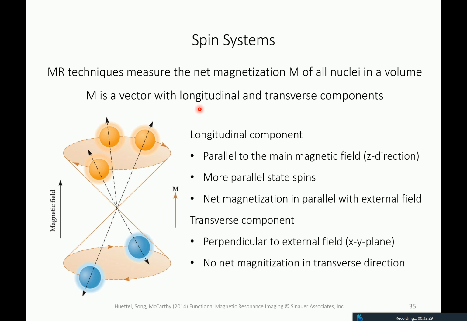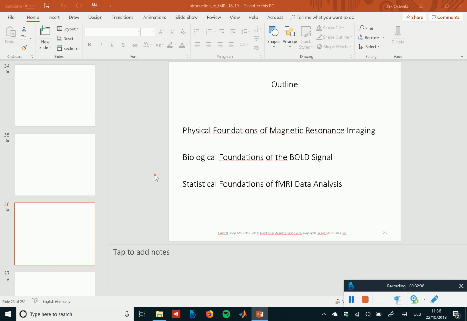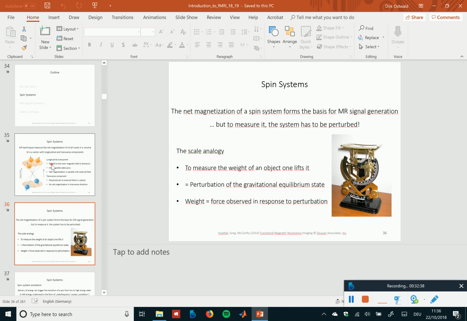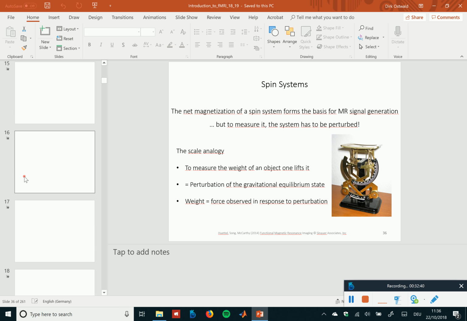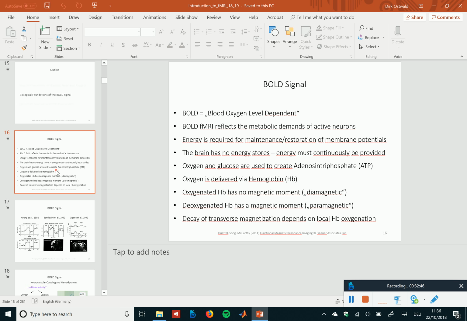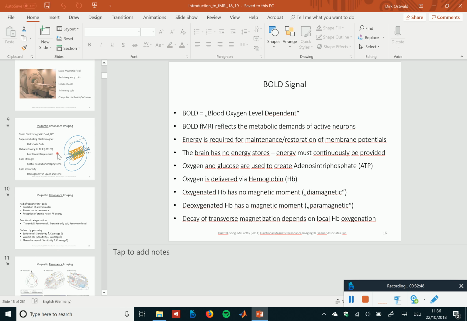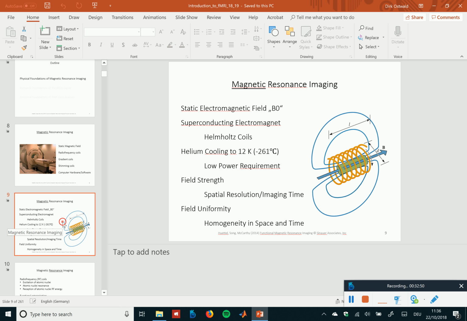And if you think again of how the magnetic field of the scanner looked like, maybe I'll show you that again because then it's easier. The scanner field looks like this.